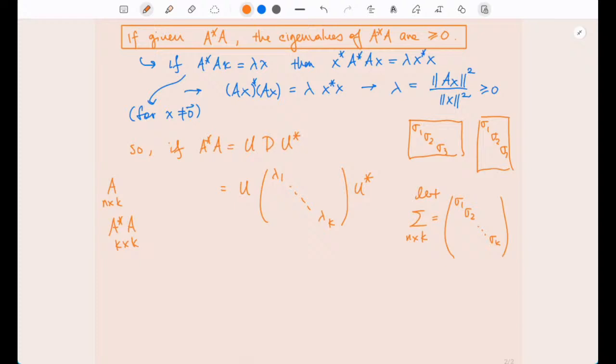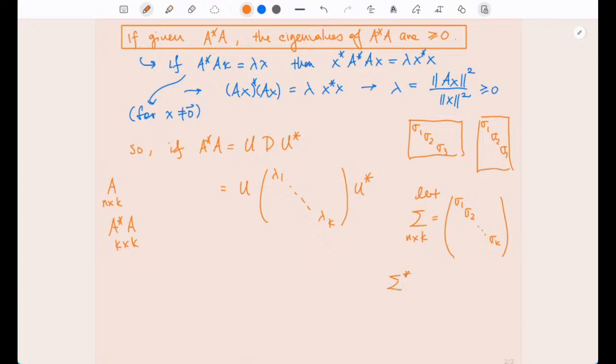It's possible that we have zeros, but they're just going to be zeros. So there are some details here, but we let sigma be this.